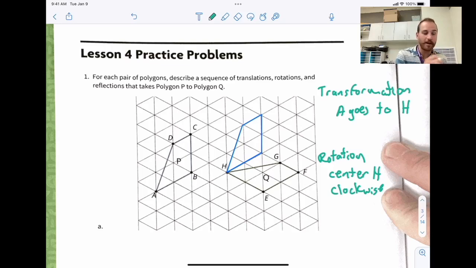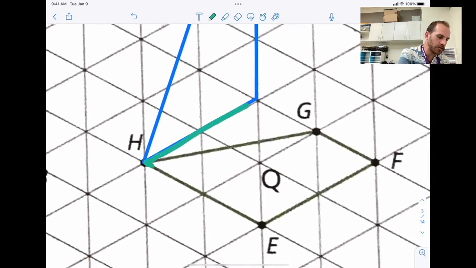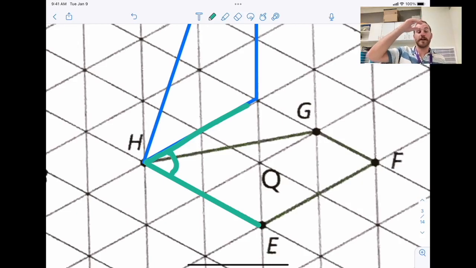Remember, to figure out the distance of a rotation, you should measure the angle between two corresponding side lengths. You see how these side lengths are the same on both shapes, in the same spot. What is the angle measure between those? The angle of an equilateral triangle, or the angle of the isometric grid.